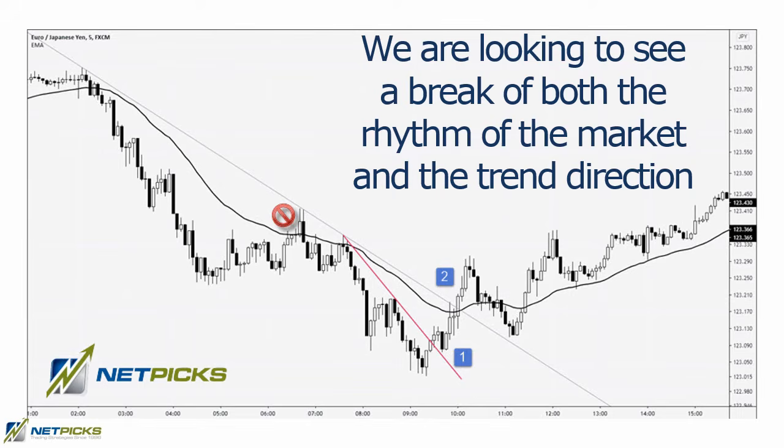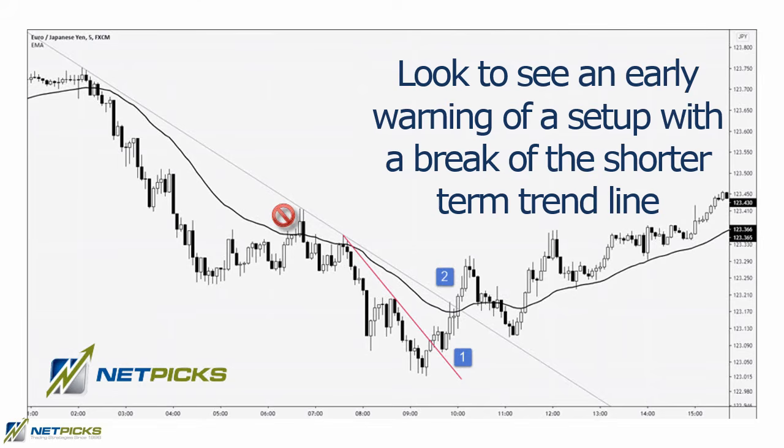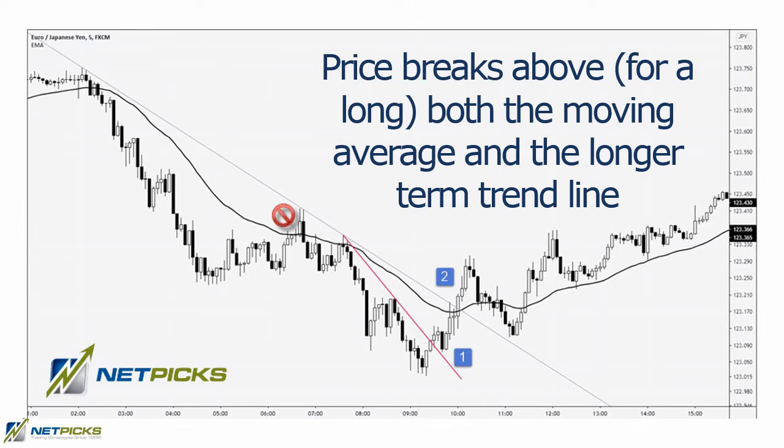Once you have the trend lines and the EMA on your price chart, first thing we're going to do is look to see an early warning of a setup with a break of the shorter term trend line. At 2, price breaks above for a long, both the average and the longer term trend line. And 3, it doesn't matter which one comes first.